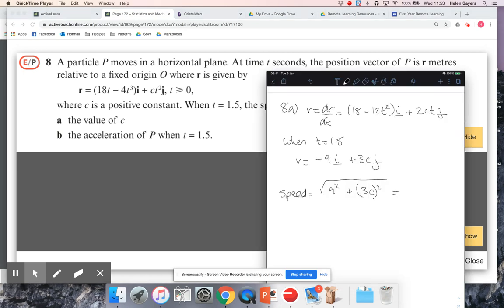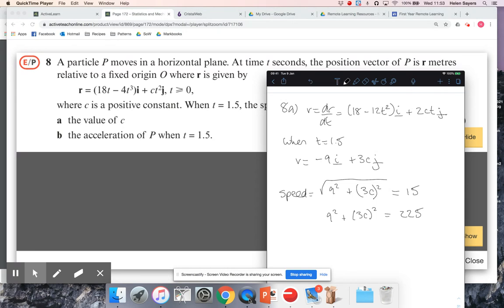Okay, so like I said, it's quite similar to question 6. So always what I would do for this type of question is square both sides. So I'm going to just leave that exactly as it is to avoid any confusion. I'm going to square the 15, and now I've just got a nice simple quadratic to solve.